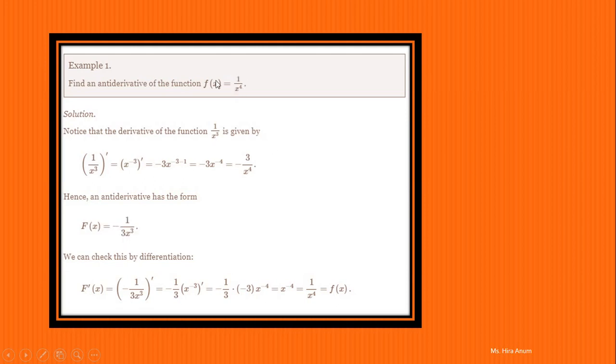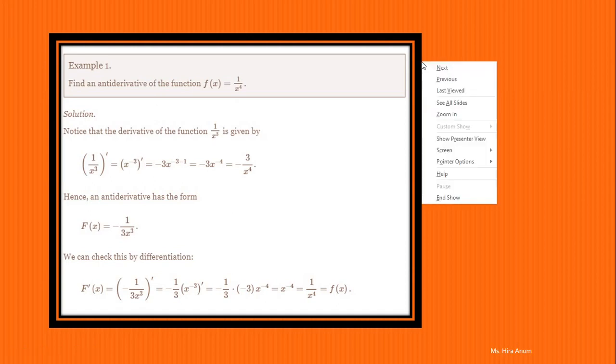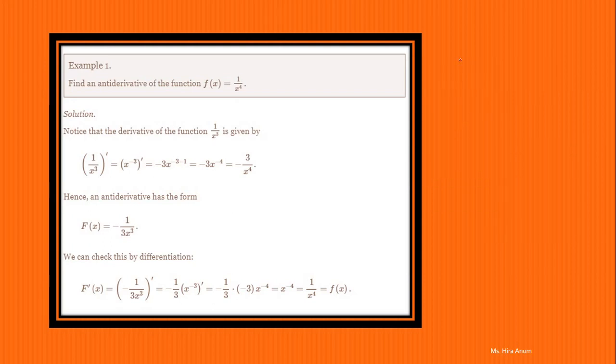Again, f(x) equals x^(-4). Then we add 1 over minus 4 plus 1.